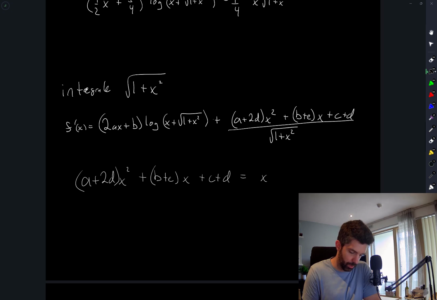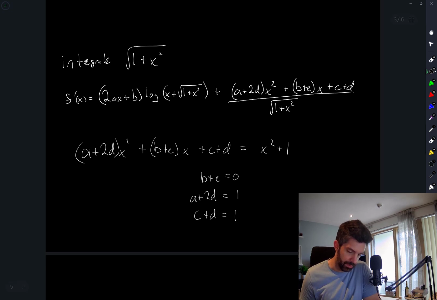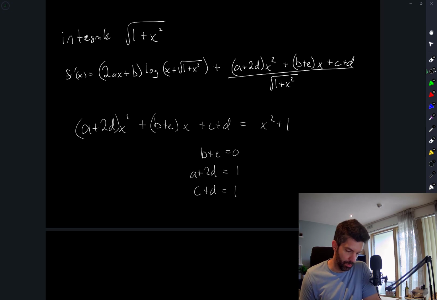This should be equal to x squared plus 1. So I need b plus e is equal to 0, a plus 2d is equal to 1, and c plus d is equal to 1. So there's going to be more than one way of doing this. I wonder if that's odd. There shouldn't be, the antiderivatives should differ only by a constant.